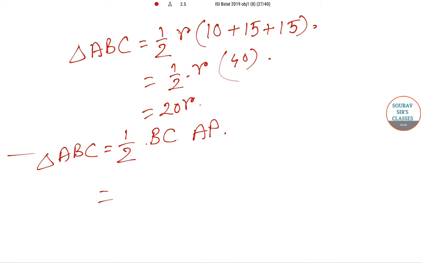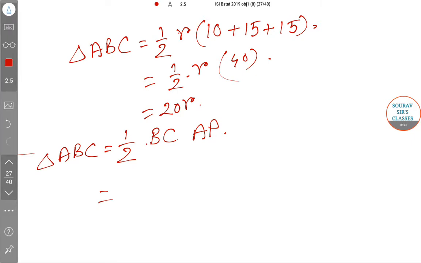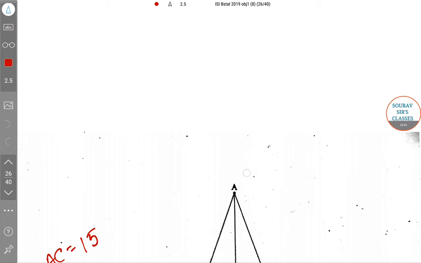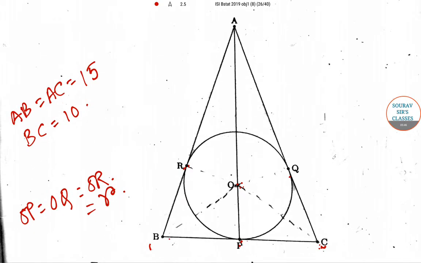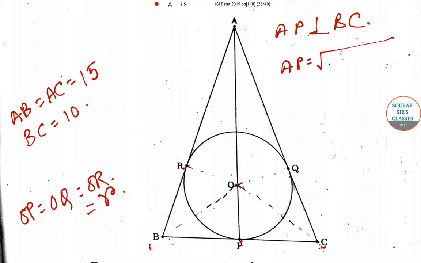Now, as triangle ABC is isosceles, here AP is perpendicular to BC, so AP equal to root under AC square minus CP square.